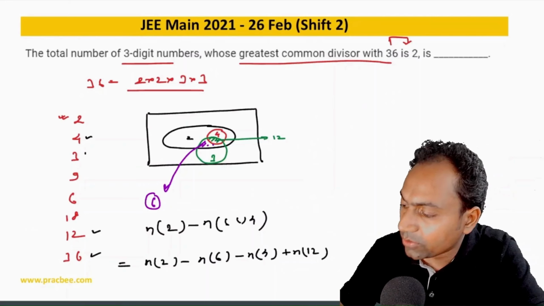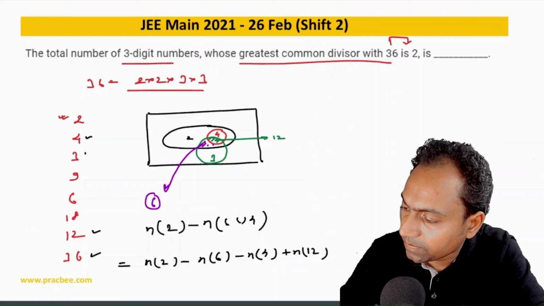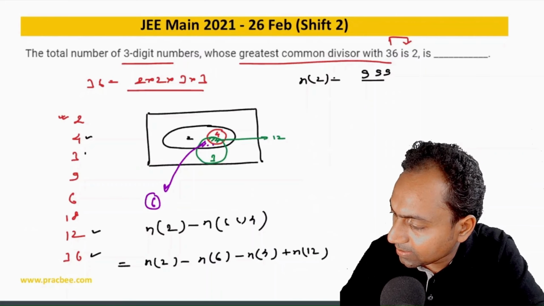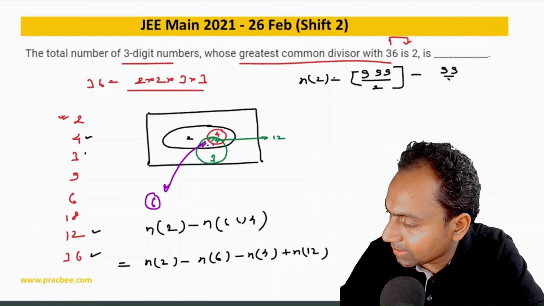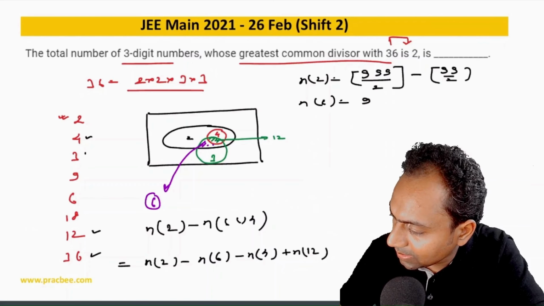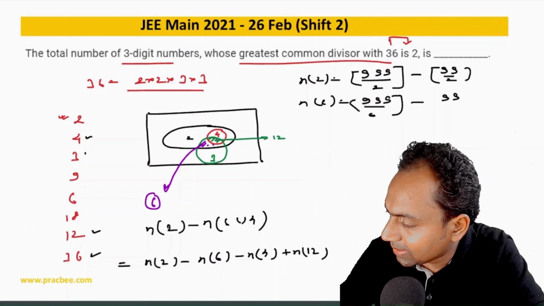Now we need to put in the values. n of 2 comes out to be floor of 999 divided by 2 minus floor of 99 by 2. n of 6 will come out to be floor of 999 divided by 6 minus floor of 99 by 6.